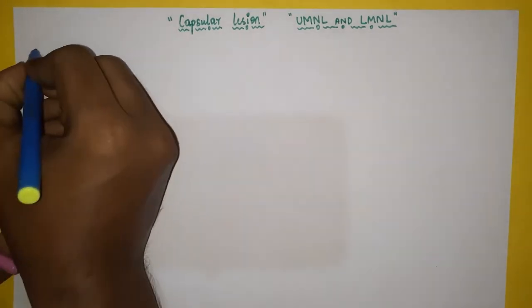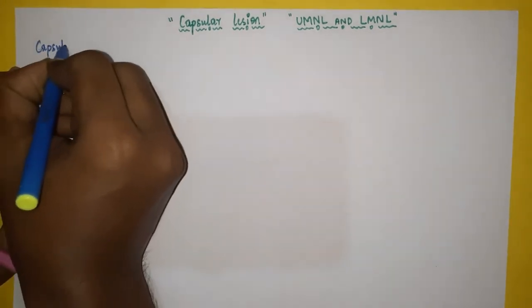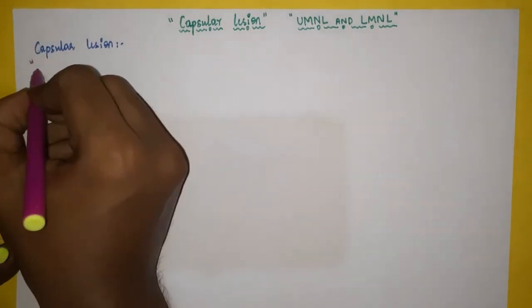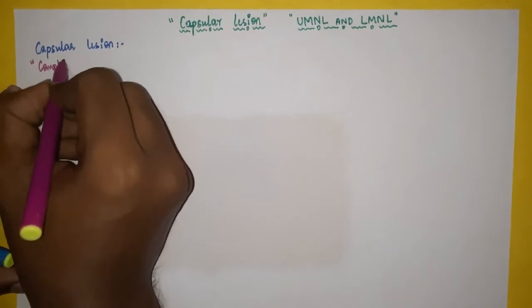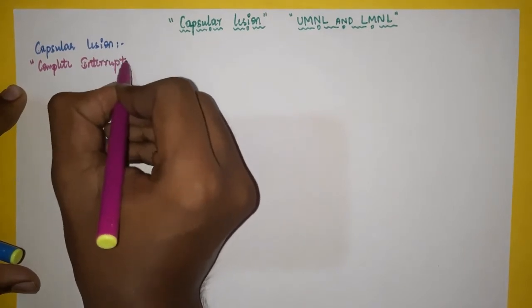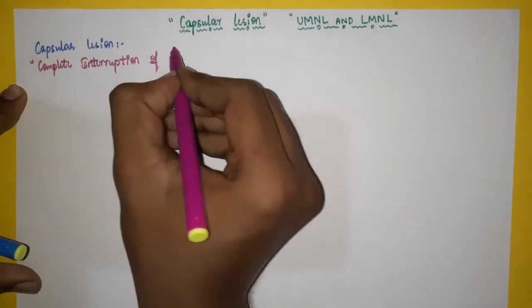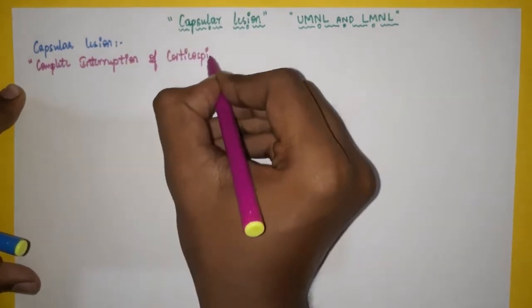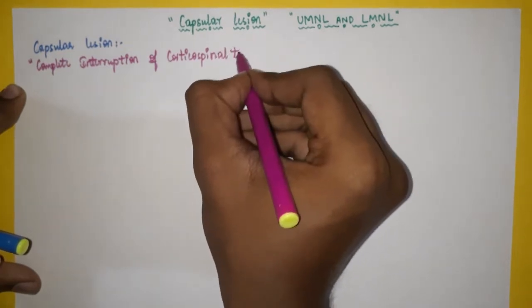Okay. Now, what happens in capsular lesions is there is complete interruption of corticospinal tract.